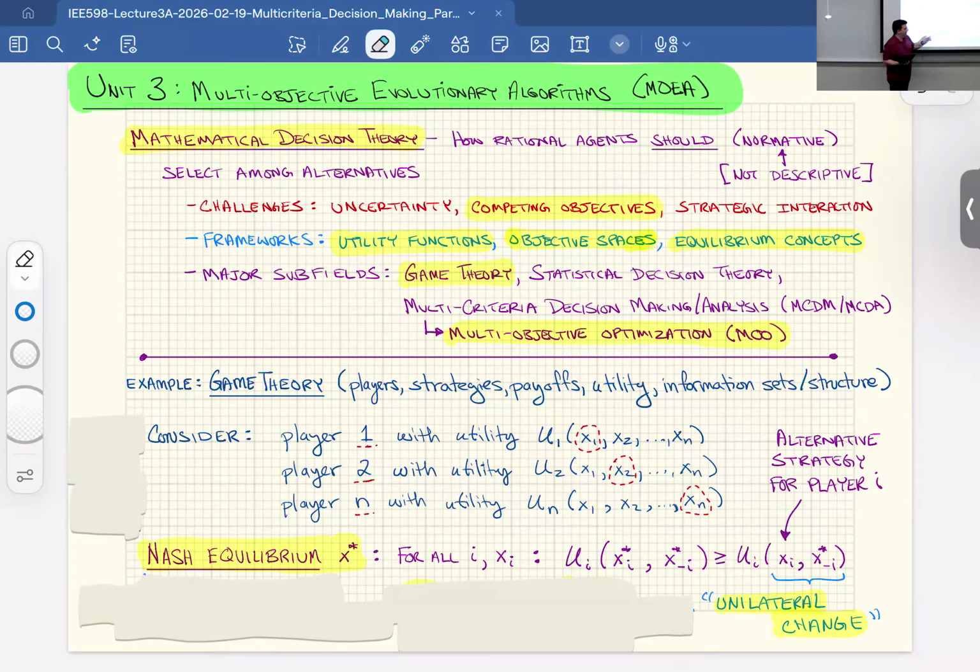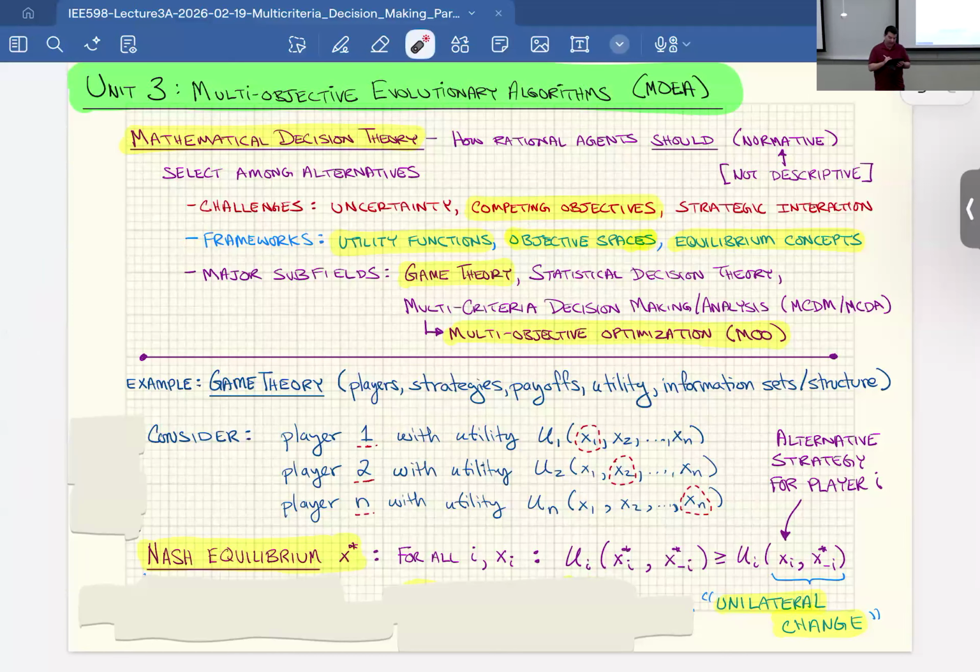And so the mathematical description of this is for every player i, and every alternate strategy that player could play, Xi, we're describing the Nash equilibrium. So I should have said this up front. The Nash equilibrium is a vector X star. And that is all of the strategies that all the players are playing at the Nash is X star. So Xi star is what player i is playing at the Nash. And Xi without a star is an alternate strategy that the player could be playing instead.